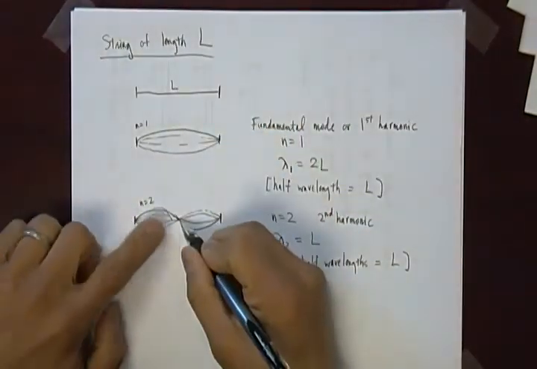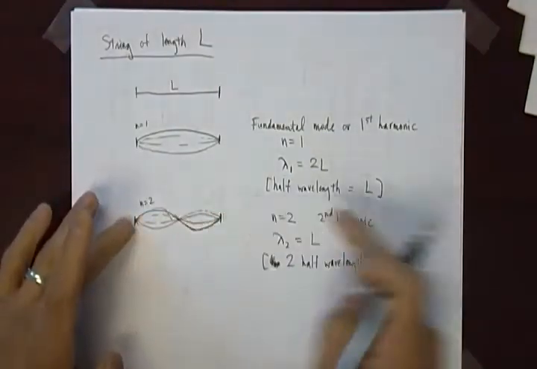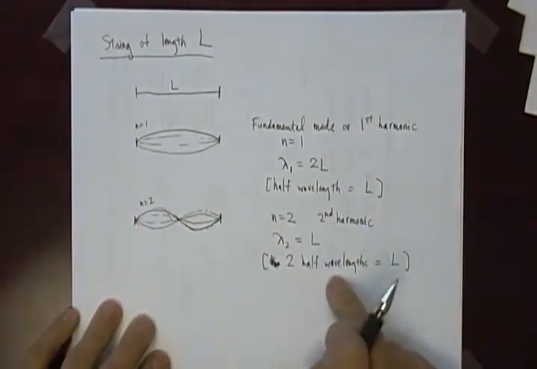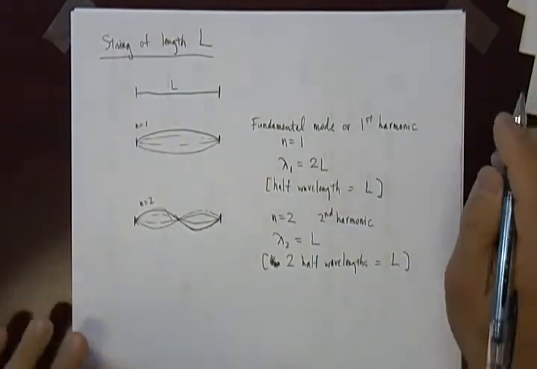This is half a wavelength. Here's another half a wavelength. We have 2 half wavelengths adding up to L, and so therefore 1 full wavelength is equal to L, and that's how I got lambda 2 is equal to L.